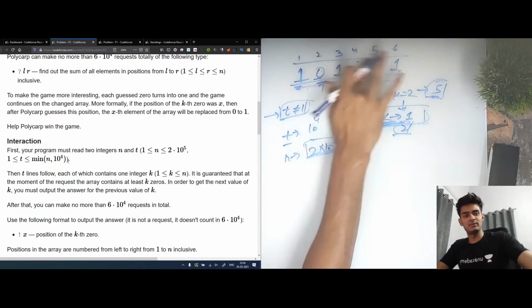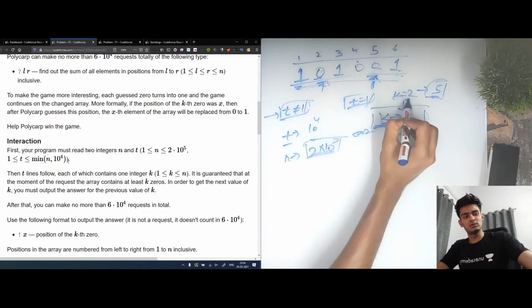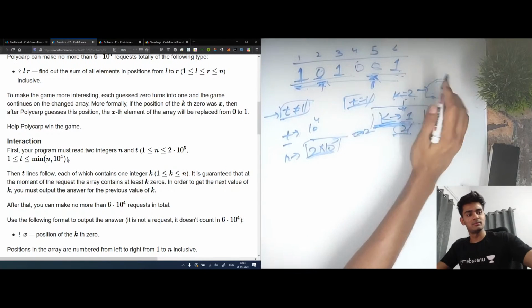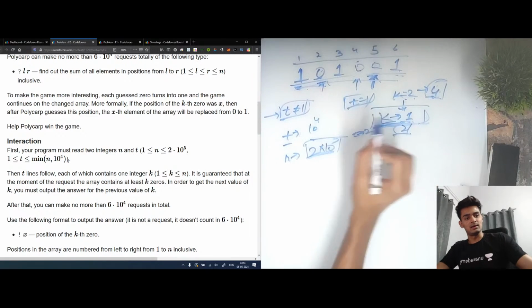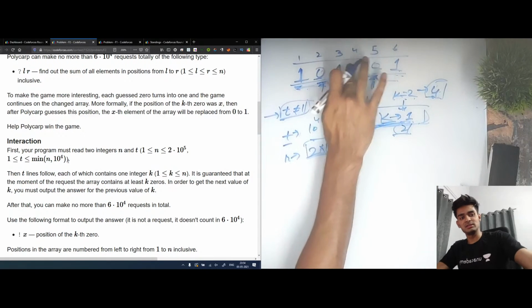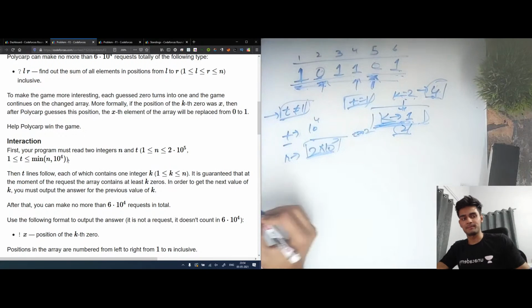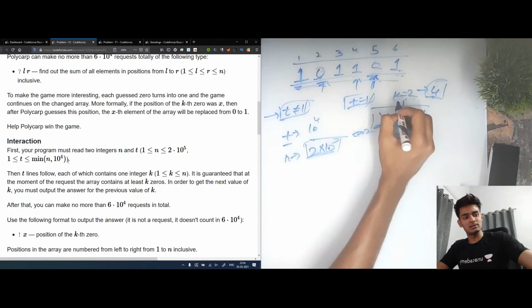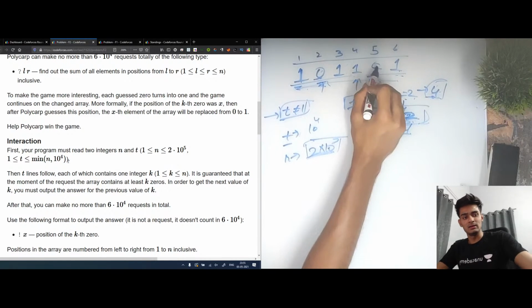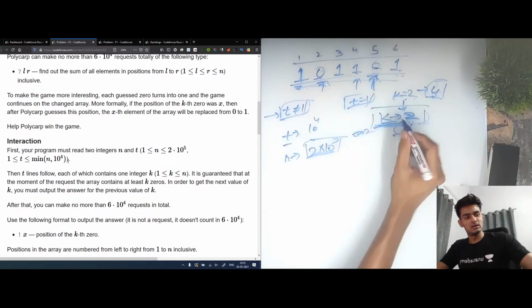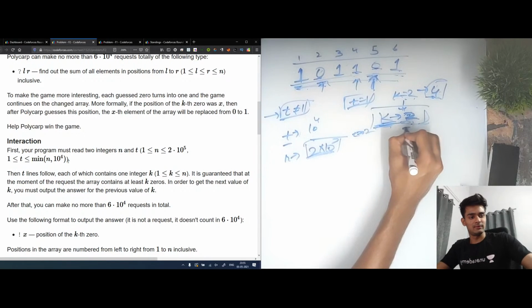So let's say if this was 0 and 0, if k was 2, the answer would have become the 4th index, as the second 0 is at the 4th index. Now they would have changed this 0 to 1. When again they asked for k equals 2, we would have to return 5, not 4 now, because the 4th was turned into 1. So this becomes 5 now.